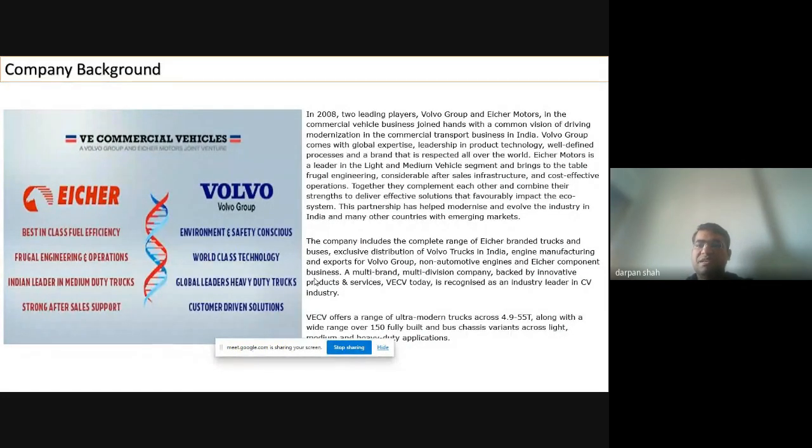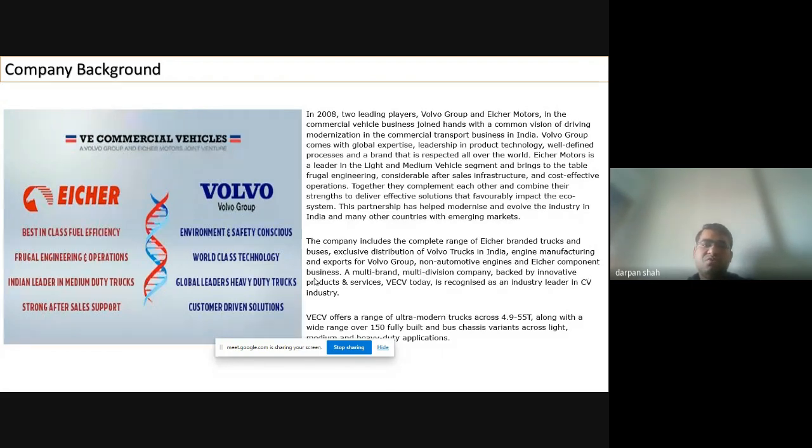This is the segment where Eicher Motors is currently the leader, and Eicher Motors brings with it a frugal engineering approach, and considerable infrastructure is also available in India with Eicher.